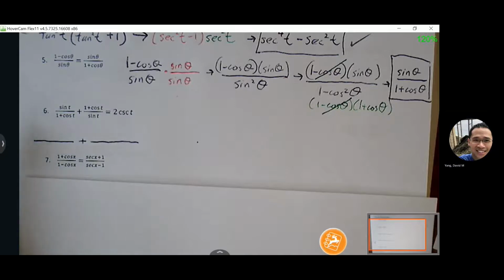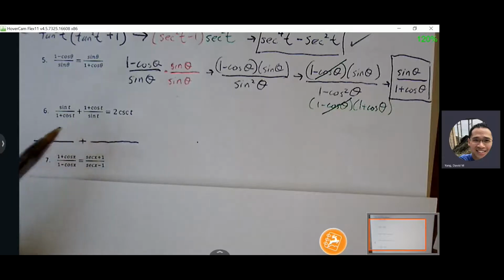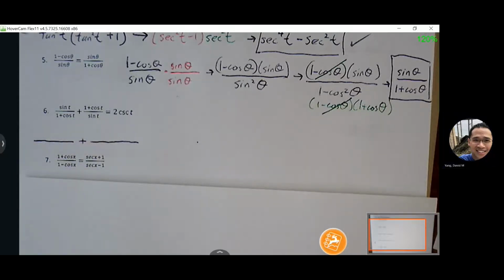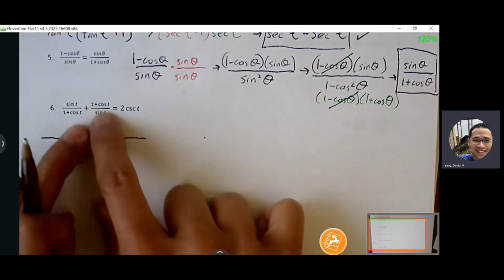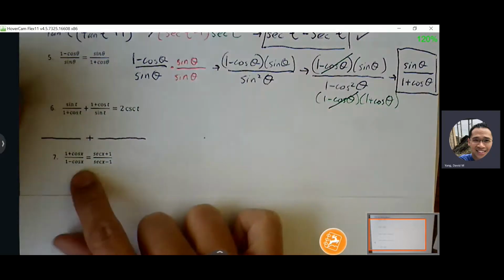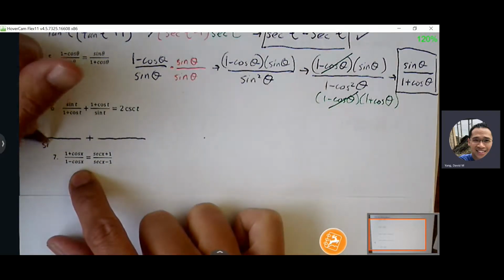So if 2 pieces look completely different from each other, then we need both pieces to create the common denominator. So the common denominator is going to be a sine and a 1 plus cosine t. We don't have to find super clever ways to create a common denominator if they're different. Just include both of them. We're going to need both of them to make our common denominator.